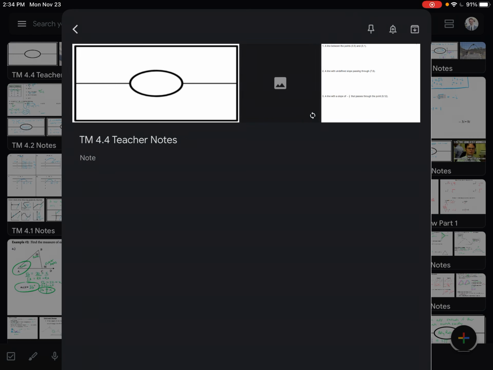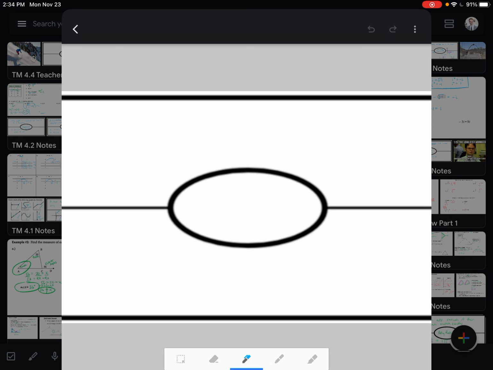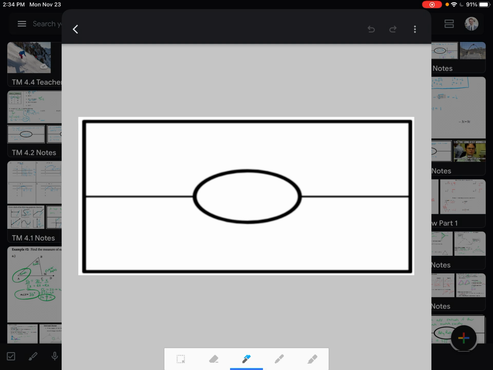So here's one example. Reminding us and bringing us back here, slope is just the measure of the rise over the run of an equation.